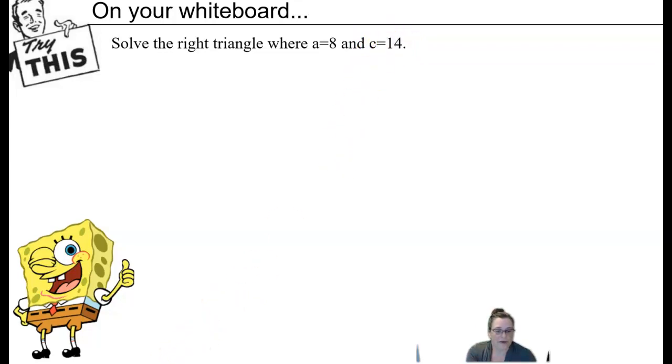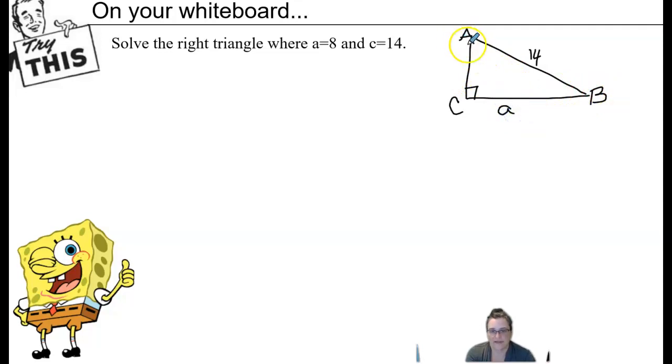Okay, so if I were to make a sketch of a right triangle, then opposite my right angle would be the C, which is 14, and I can make either angle A or B, but then the side opposite those capital letters for angles have to be the lowercase letters for the sides.